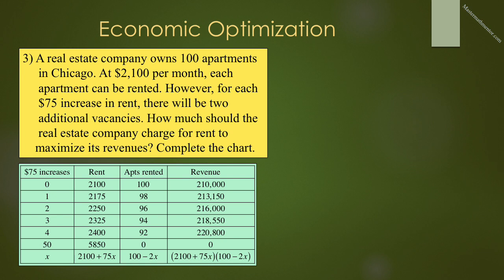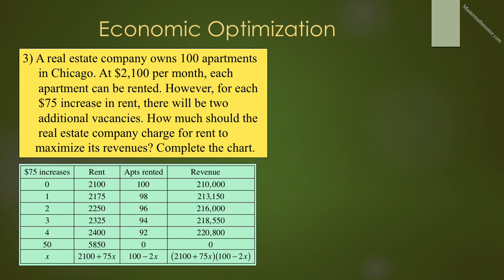If we have two $75 increases, now our rent is up to $2,250, but we only rent 96 apartments, and yet our revenue is still higher, $216,000. So it seems that as we increase the number of $75 increases, the total revenue becomes greater.